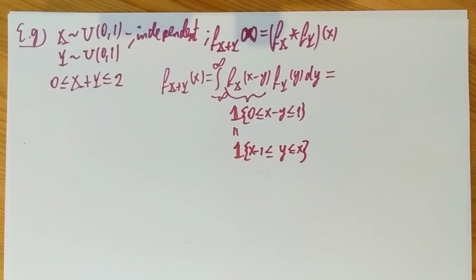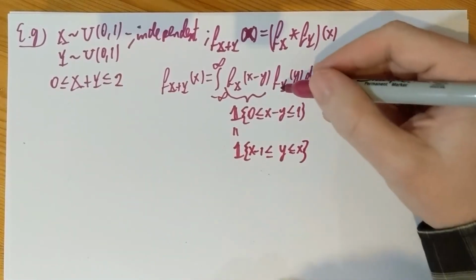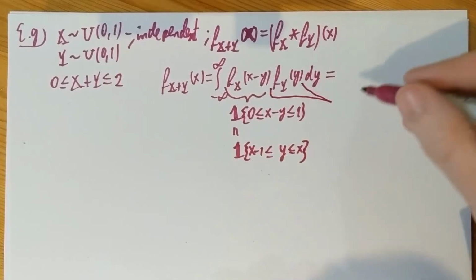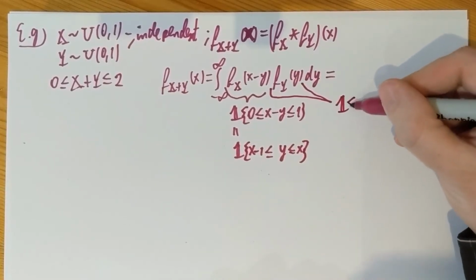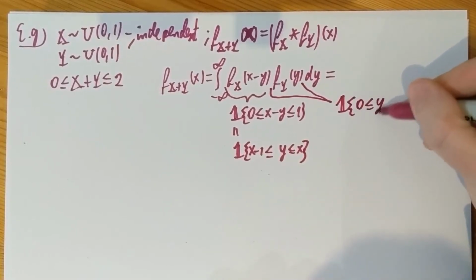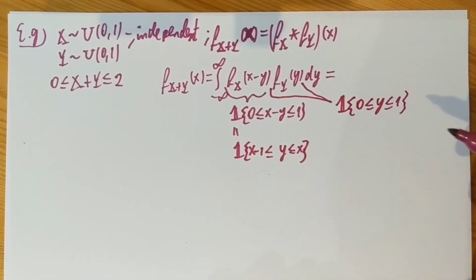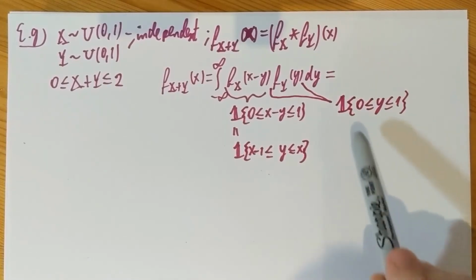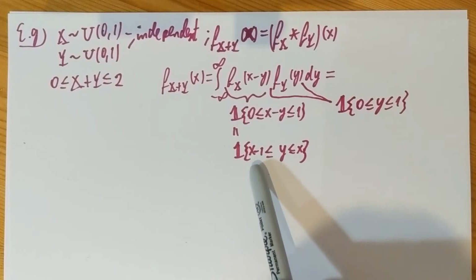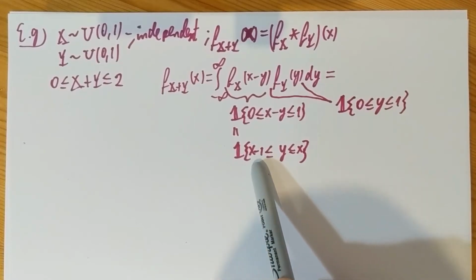Okay, so that's the first indicator. The second indicator is that of y between 0 and 1, which is already solved for y. And so I have actually 2 competing boundaries. I have a boundary of 0 for y, and I have a boundary of x minus 1 for y on the left hand side.